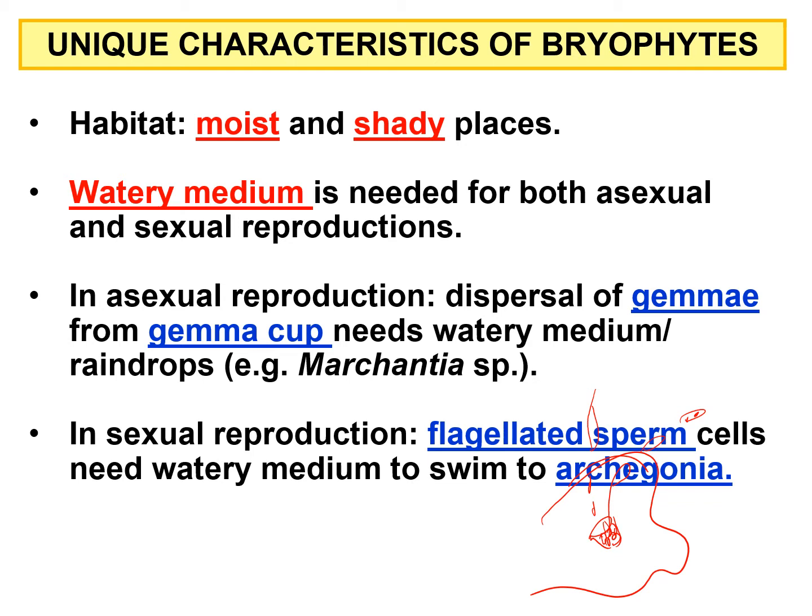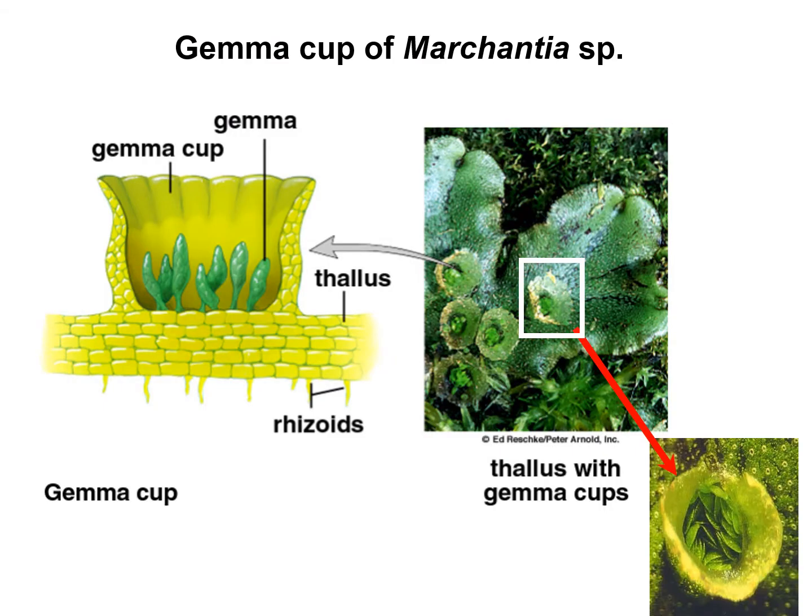While in sexual reproduction, the flagellated sperm cells will need the water to swim towards the female reproductive organs called archegonia. Okay, this is the talus that I draw just now, and on the talus there will be a cup, a structure that contain the gemma, the spores.